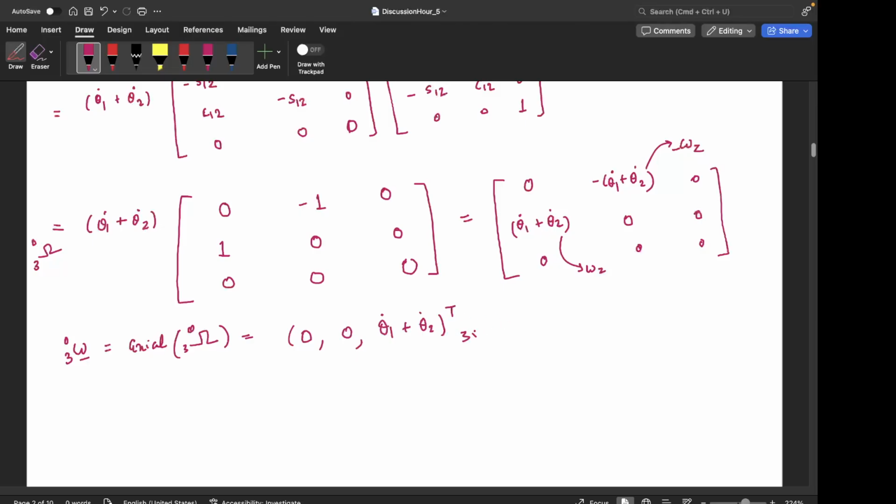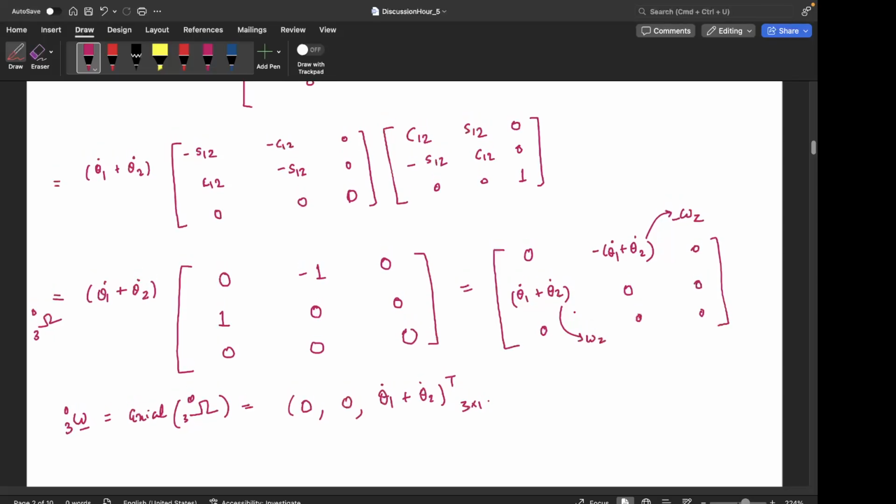It's a 3 cross 1 vector, right? So any doubts still here?